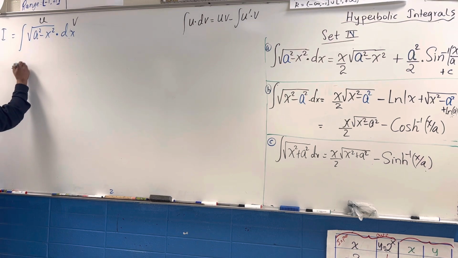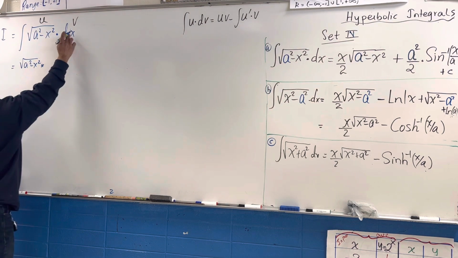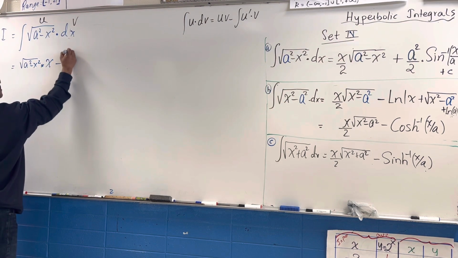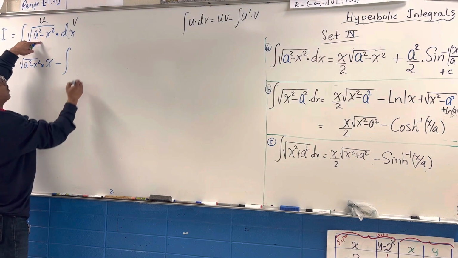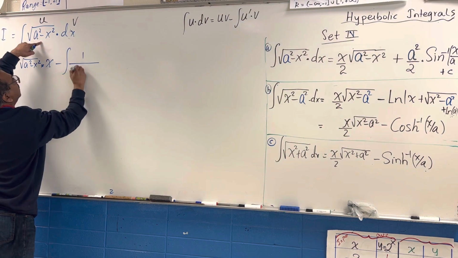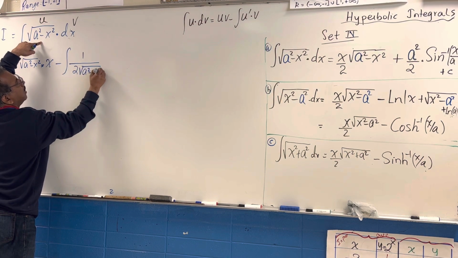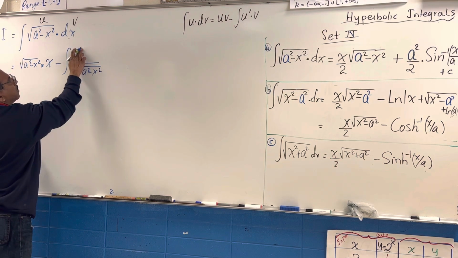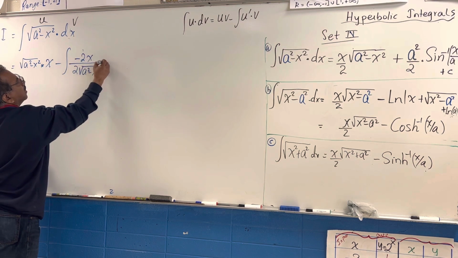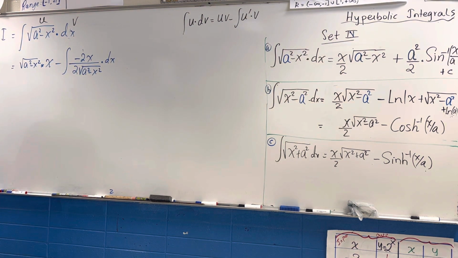So uv, that means square root of a square minus x square, then the x, minus integral, the derivative of square root of a square minus x square is 1 over 2 square root of a square minus x square, and then the derivative of the inside, which is minus 2x, which I'm going to put right here, and dx. So far so good? Okay.